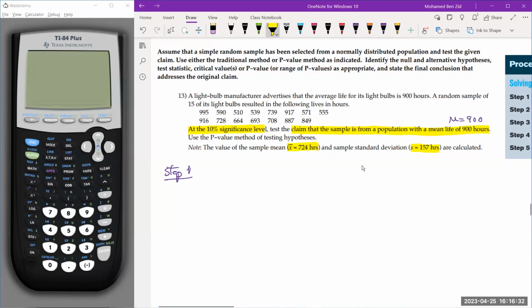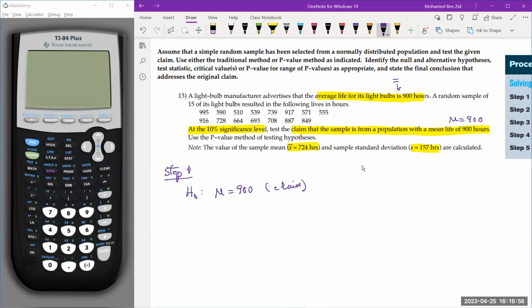And here the claim again is that the average life of light bulbs is, so what is the meaning of the equal sign? Do you see here the claim is not necessarily H1, right? So this is H0. Why? Because the mean equals 900. That's going to be the claim.